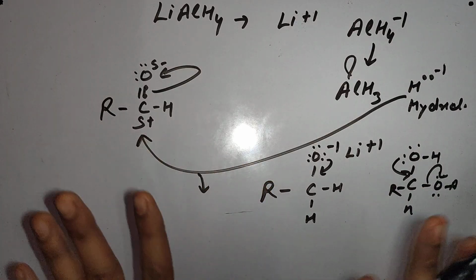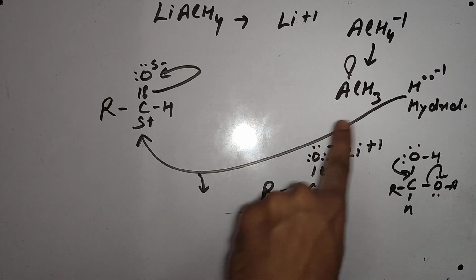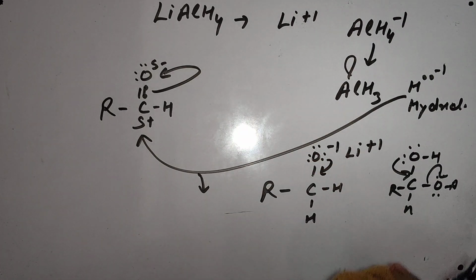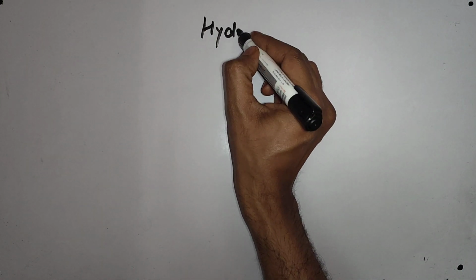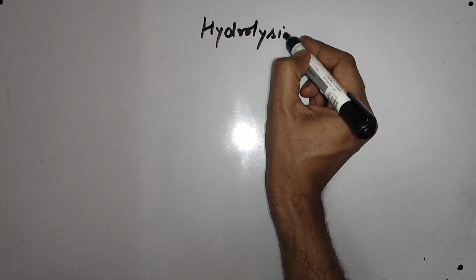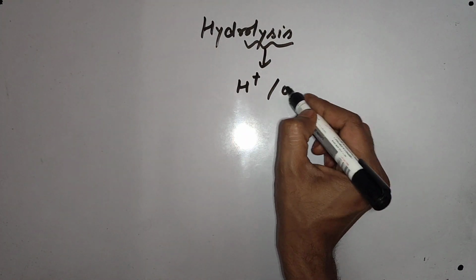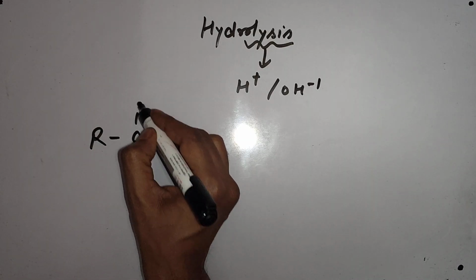Now what do we do? We will do hydrolysis of that. Please keep this particle in your mind. Finally we got this, and then we will apply hydrolysis. Hydrolysis means breakage of any molecule with the help of H positive and OH negative.